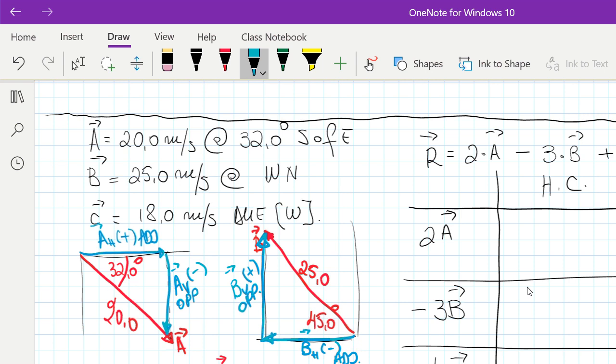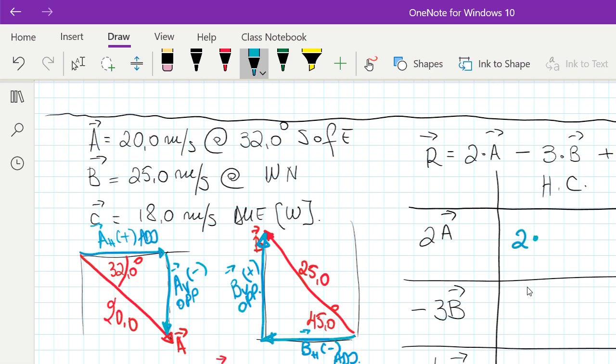So now, the horizontal component of the vector, dealing with adjacent, means that we will use cosine. So 20 times cosine 32. Again, make sure that the mode of your calculator is on degree.